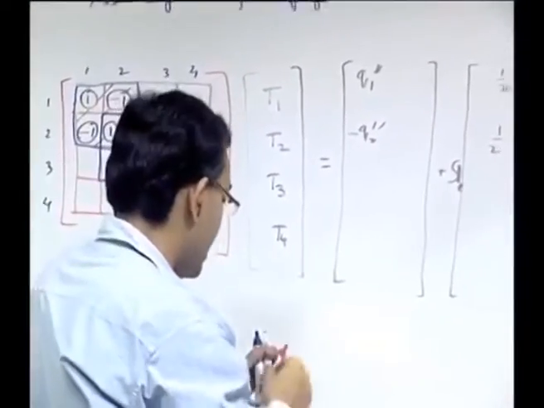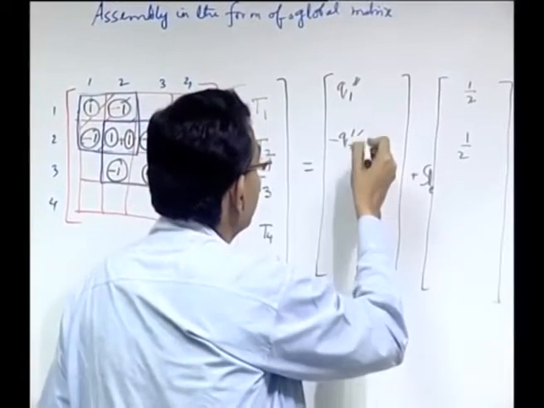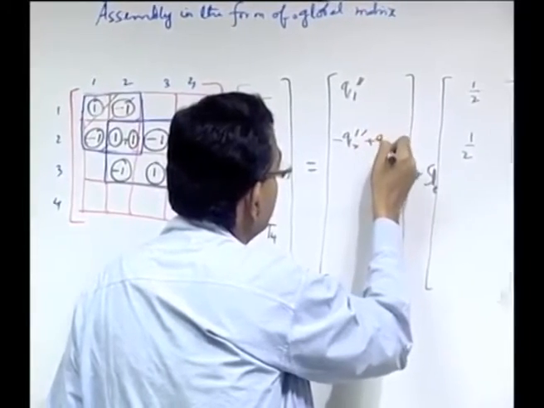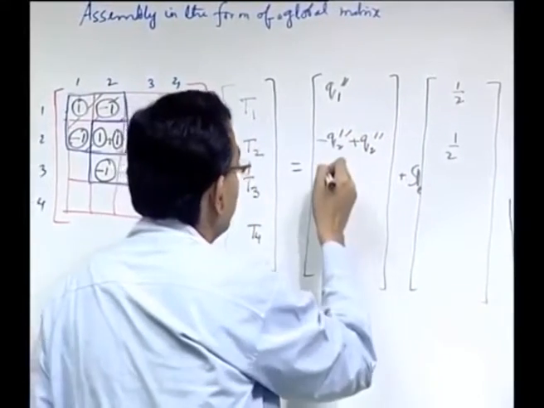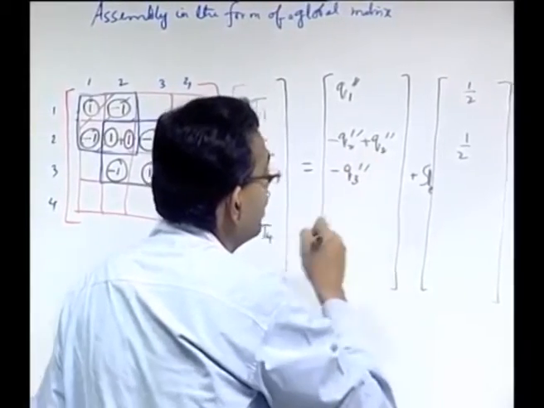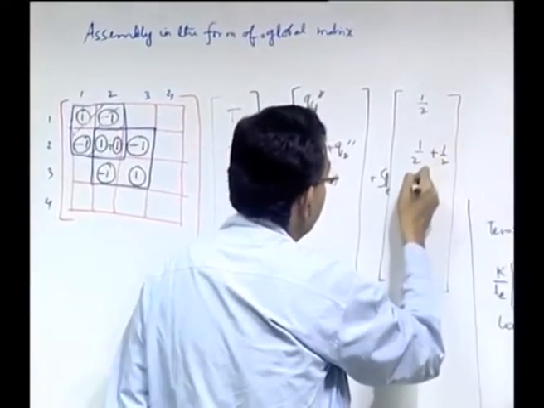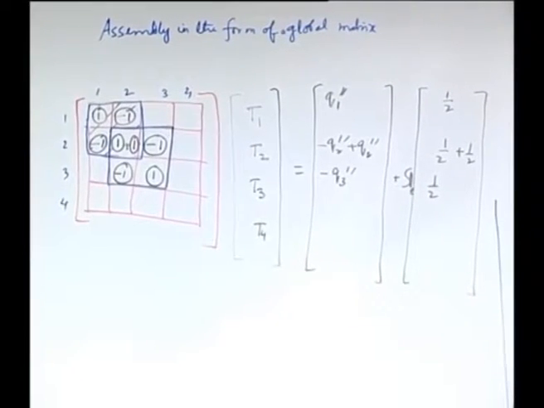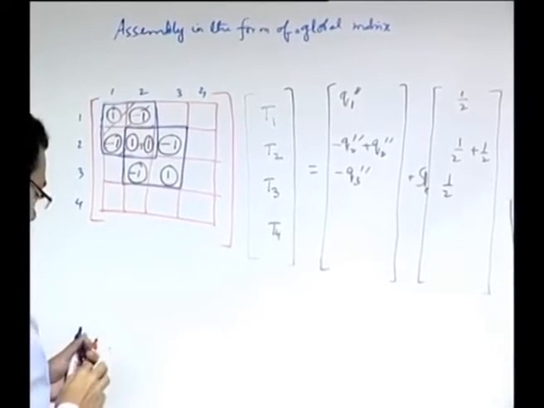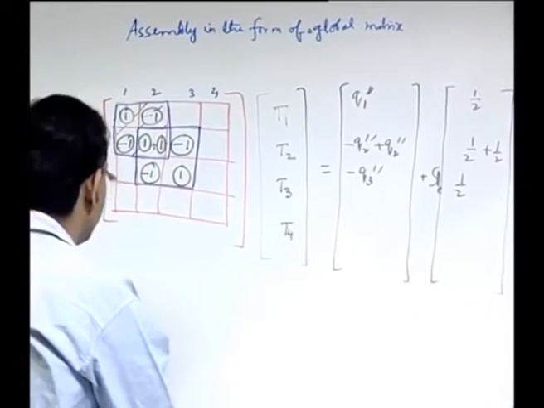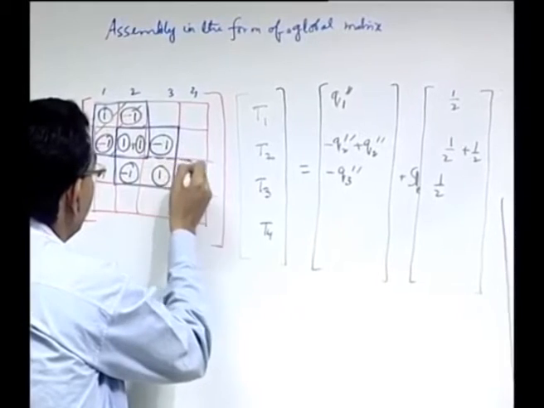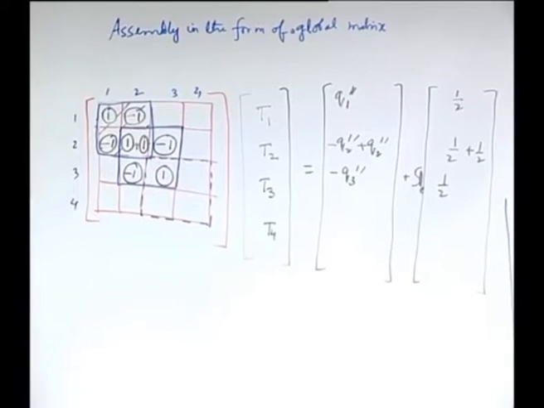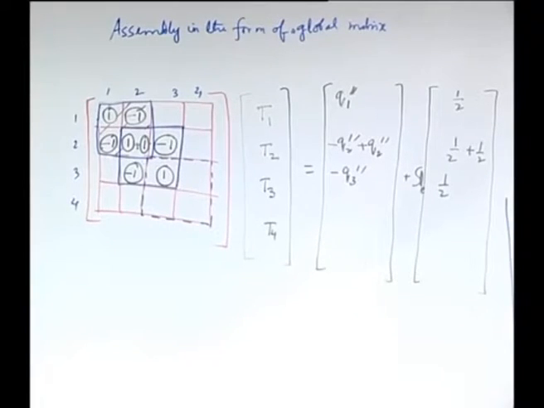So, for the right hand side you have this as, here you have plus q2 double prime, you have minus q3 double prime, here you have plus half and here you have half. Then finally you have this dotted portion 3 and 4.